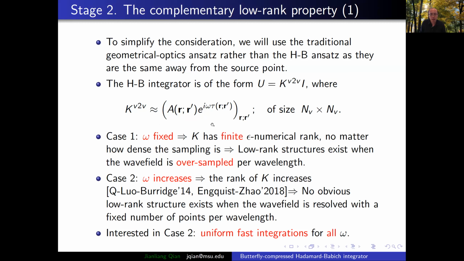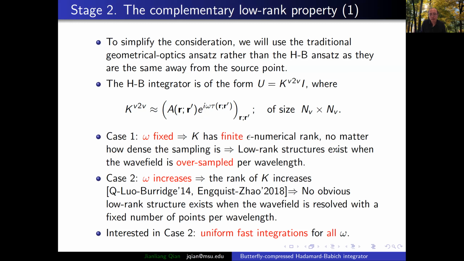When omega is fixed, this kernel has a finite epsilon numerical rank, no matter how dense the sample is. So if we try to approximate the kernel matrix by a finite low rank matrix, as long as we specify a reasonable epsilon accuracy, we can have a low rank approximation.